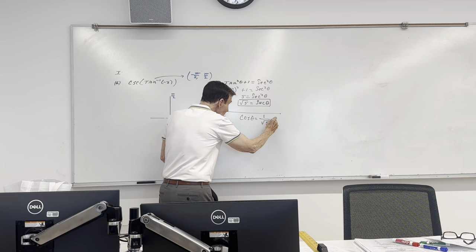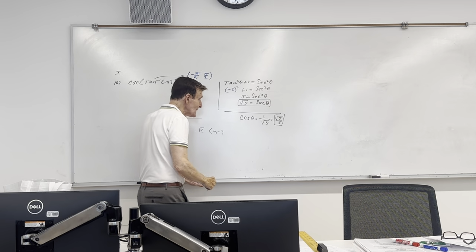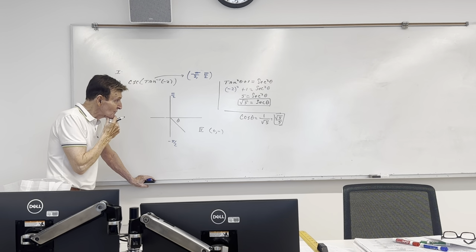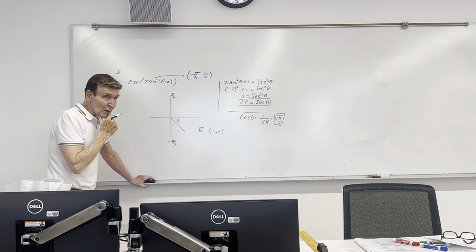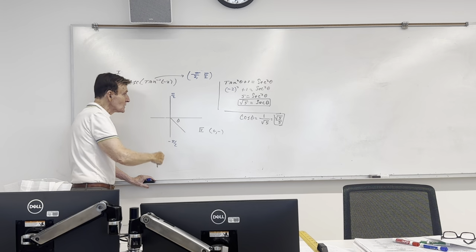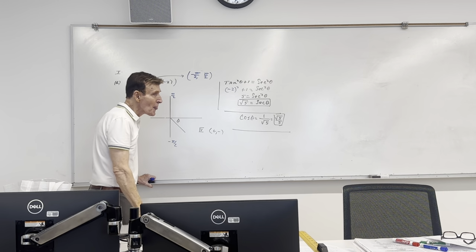Rationalize. Look at that. Now I know what cosine is, and it's positive because I'm down here in quadrant 4. All the signs are good. Is that true, guys? But they weren't asking for cosine. They were asking for cosecant. I'm not finished. Now what?